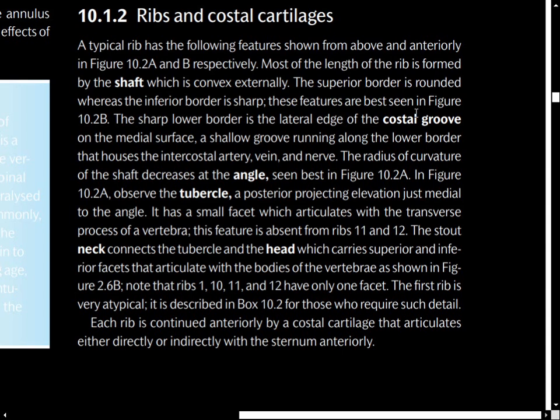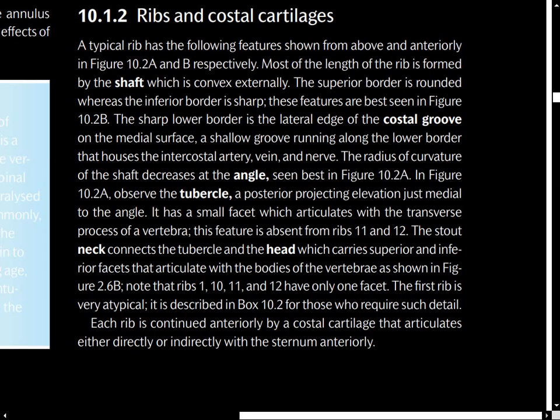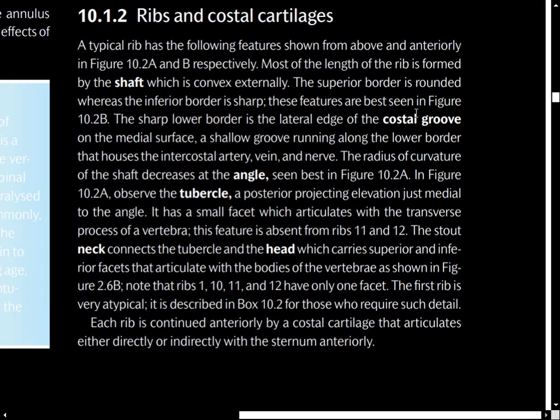The sharp lower border is the lateral edge of the costal groove on the medial surface. A shallow groove running along the lower border houses the intercostal artery, vein, and nerve. The radius of curvature of the shaft decreases at the angle, seen best here.